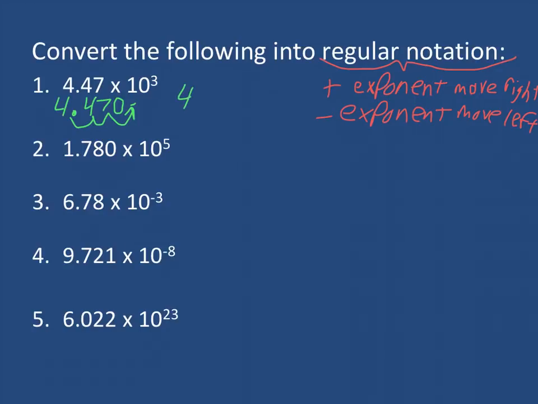I have 4,470. 1.780 times 10 to the 5, 1.780. 1, 2, 3, 4, 5. I have 2 empty spaces. I pop in 2 zeros. 178,000. And I can put in those commas if I need to. If I don't need to, I don't have to put them in.